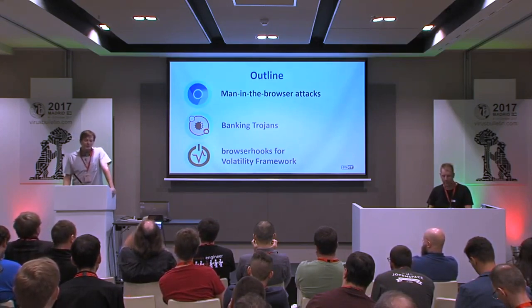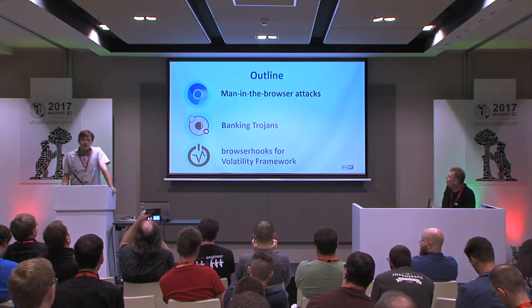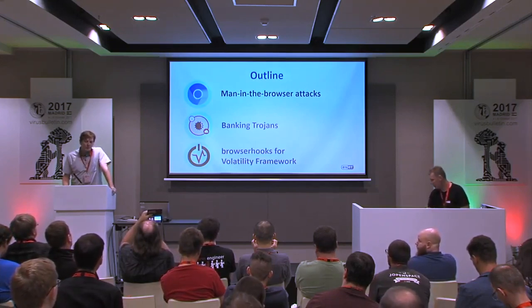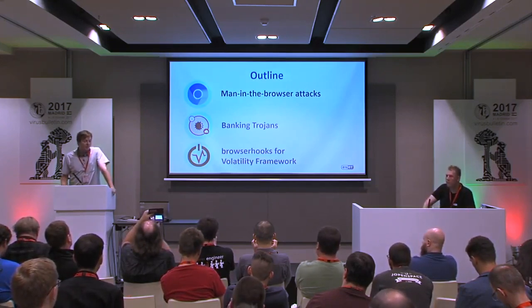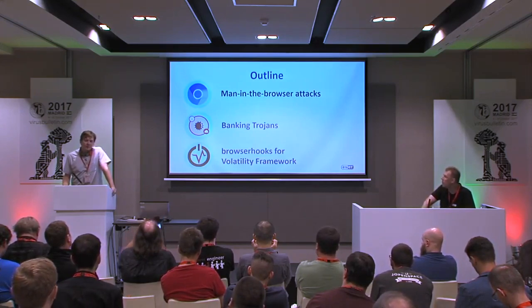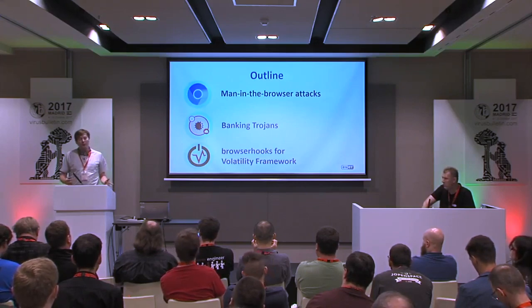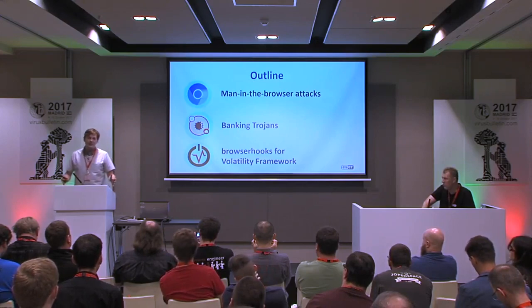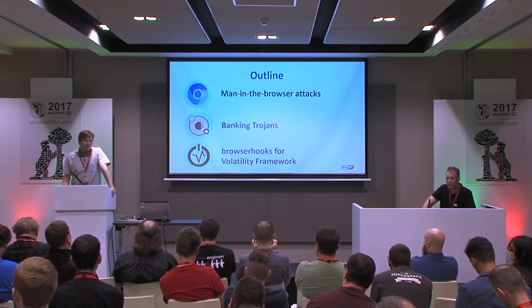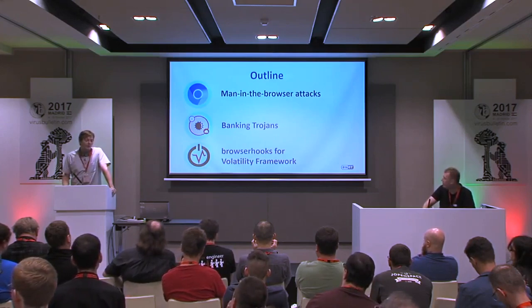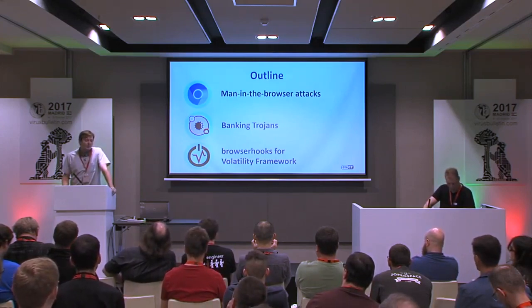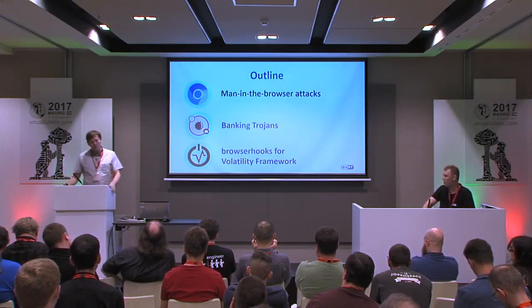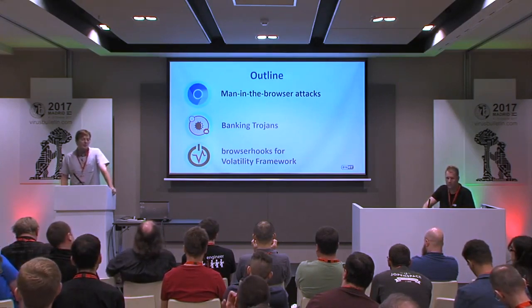Next, we provide a catalog of banking Trojans together with their approaches to MITBs, mostly against Chrome. And finally, we try to do something useful. We transform the results of this research into a plugin for the Volatility framework that would detect these MITB modifications in memory dumps. This could help forensic analysts or incident handlers to quickly get some ideas about their cases.